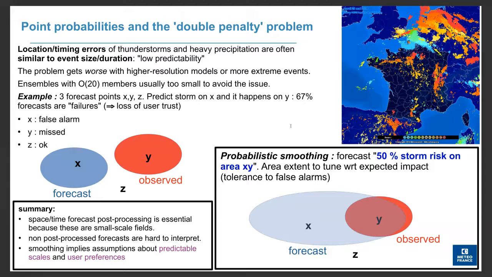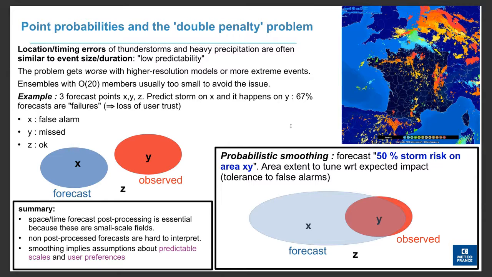So the solution to this double penalty problem is to express the forecast in probabilistic terms. That means that instead of forecasting, in the example, a storm risk on point X only, you will forecast it with a limited trust on a wider area.